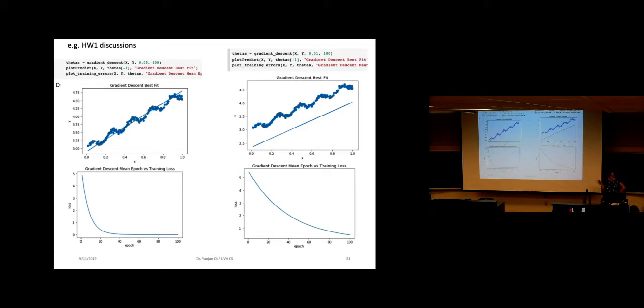So this is just to show you what type of discussion I'm looking for in your homework. This is actually what I did. I just converted our template into a Jupyter notebook because I want to make it visual.